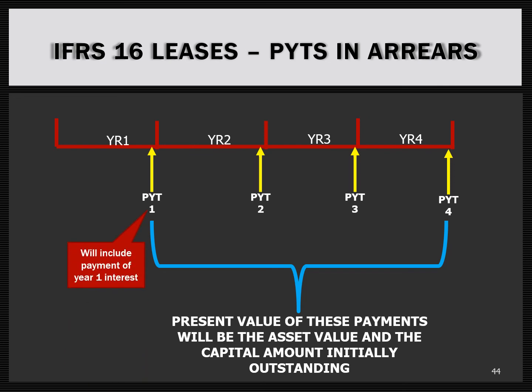The first payment that's made at the end of year 1, that payment will include the payment of the interest charge for year 1 that you'll probably work out on an actuarial basis.